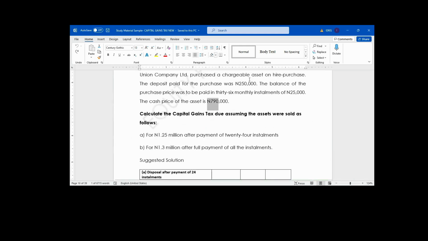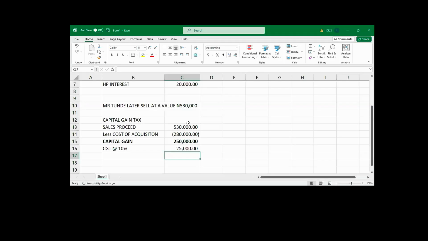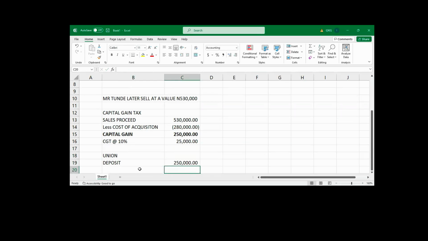Let's get the purchase price. He paid a deposit of 250,000. They agreed that he's going to pay hire purchase installments, and these installments include interest.